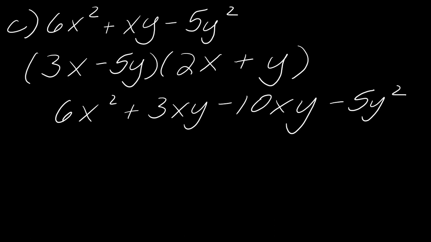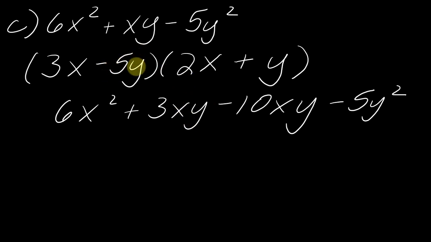So remember, trial and error, we want to analyze the mistake, right? We don't want to just keep swinging at this. So this becomes negative 7xy. This is definitely not what we want. So why did this happen? It's because I'm bouncing something off of this 5, right?